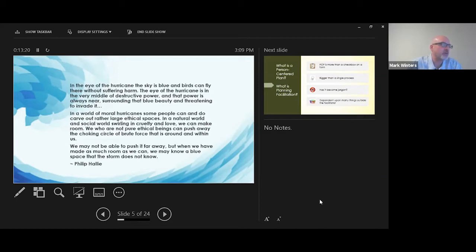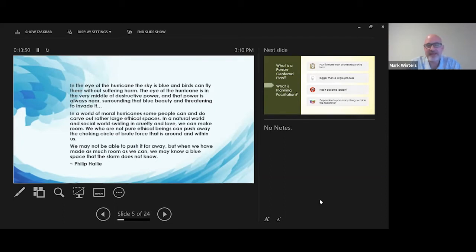In a natural world and a social world swirling in cruelty and love, we can make room. We who are not pure ethical beings can push away the choking circle of brute force that is around and within us. We may not be able to push it far away, but when we have made as much room as we can, we may know a blue space that the storm does not know.